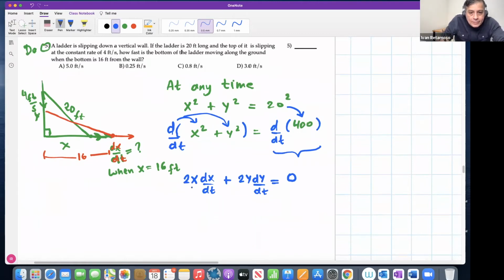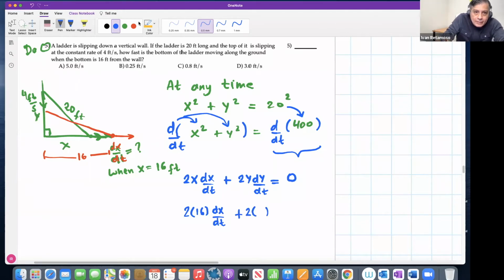Now it's time to substitute what we have and find out what we don't have. X we have. At this moment, take a picture in your mind, so 16 is this x. dx/dt we don't have it. Actually, we want to find out what this is. Plus twice y. What is y?